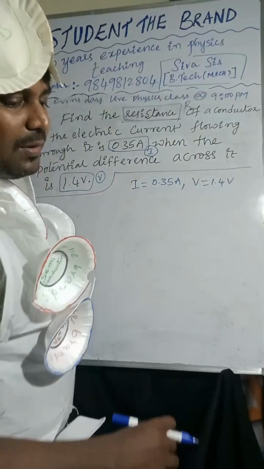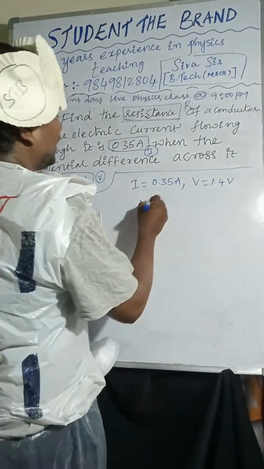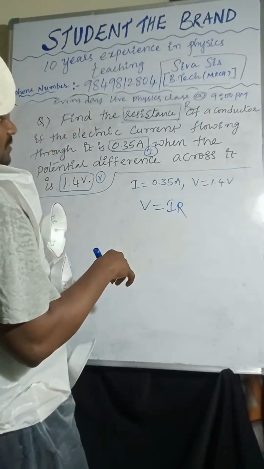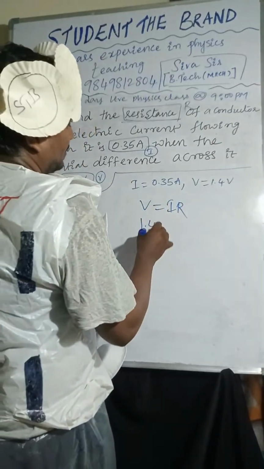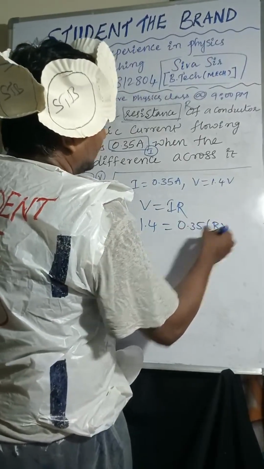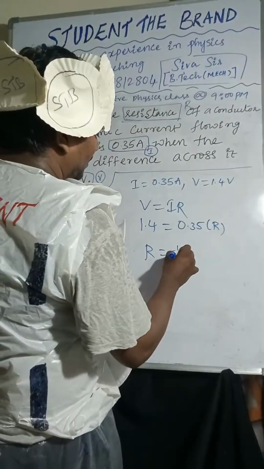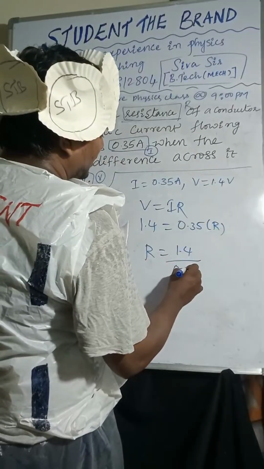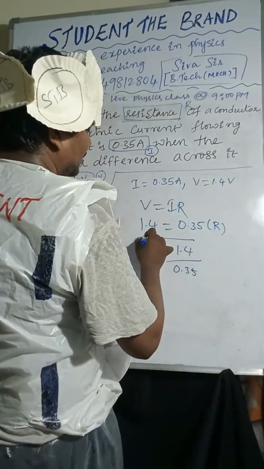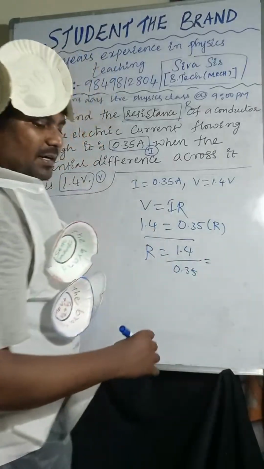V equal to IR, a very basic formula. So 1.4 equal to 0.35 into R, so R equal to 1.4 by 0.35. Try it once. How much will you get?